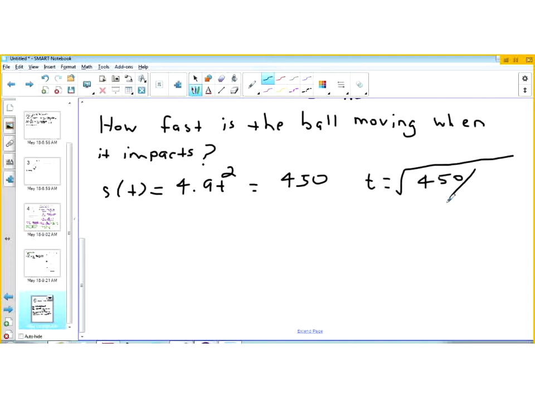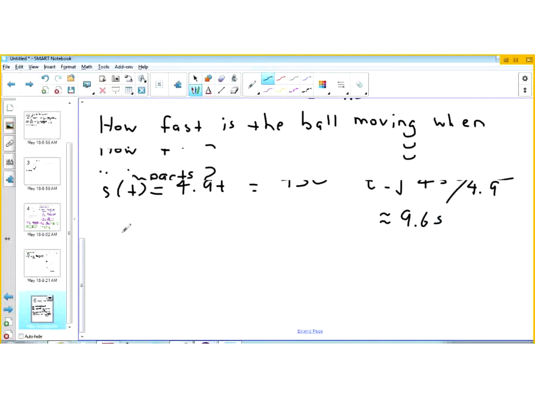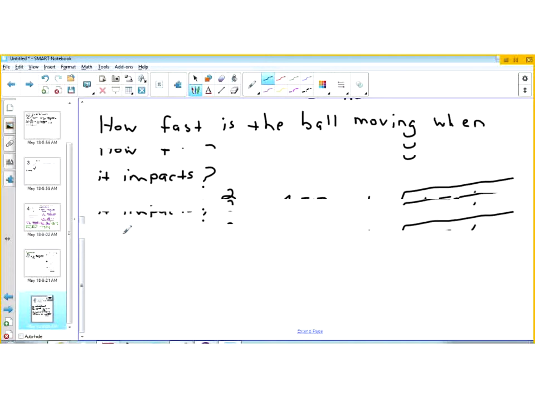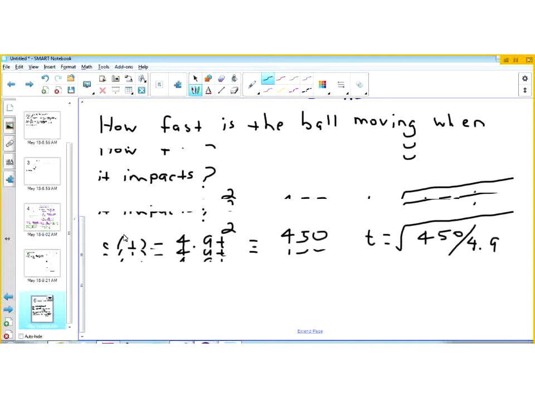If we solve for t, t is equal to the square root of 450 divided by 4.9. And that's approximately 9.6 seconds.